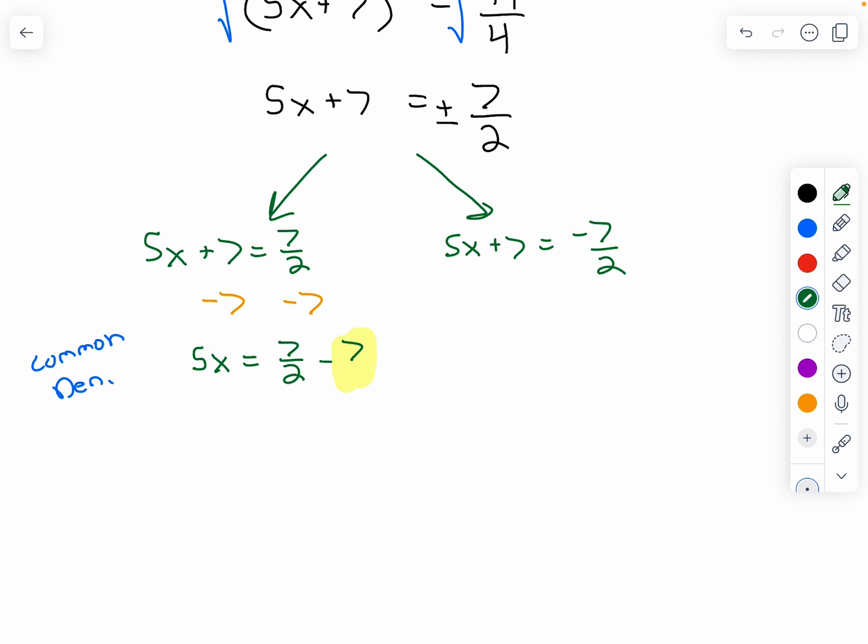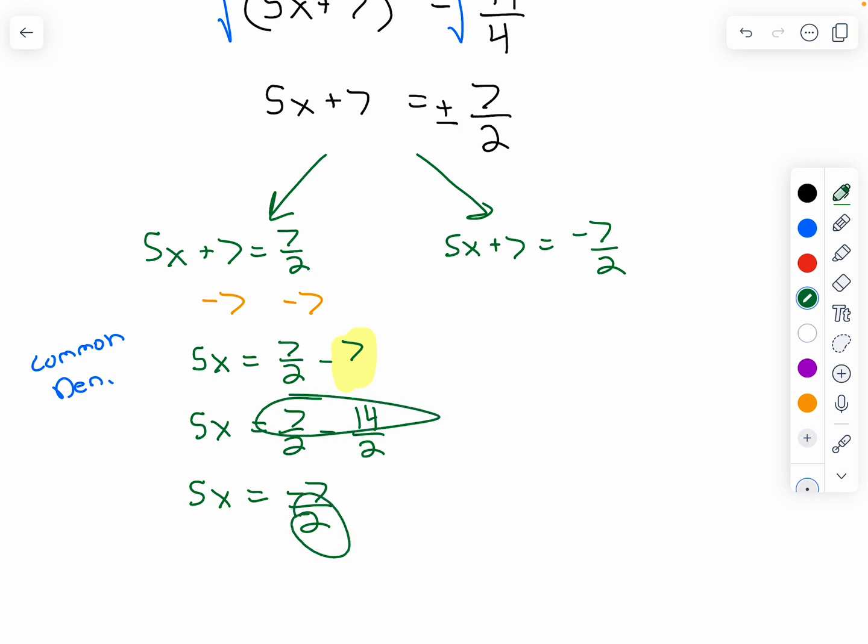So what that's going to look like is 5x equals 7 halves minus, and then I'm going to multiply that by 2, so I get 14 over 2. 14 over 2 is 7, but what that allows me to do is subtract. So now I have 5x equals 7 minus 14 is negative 7 halves. Remember, when you're subtracting fractions, just subtract the numerators, keep the denominator the same, unchanged.